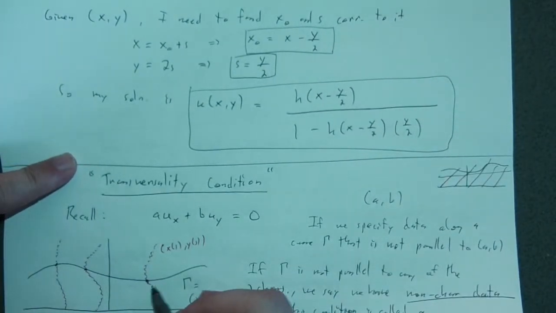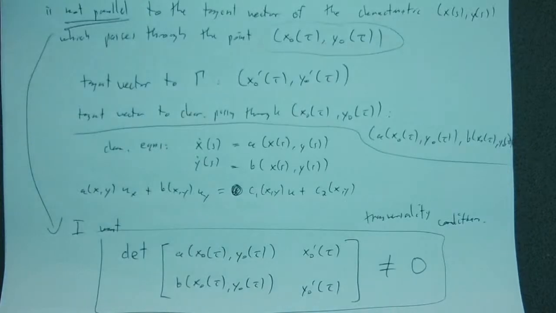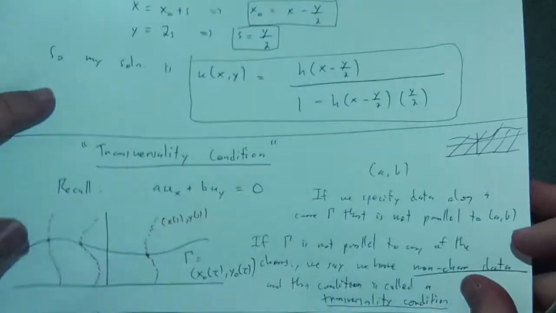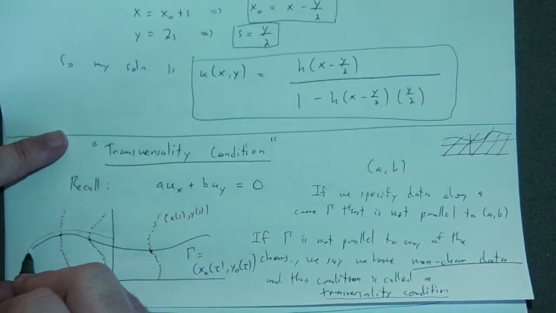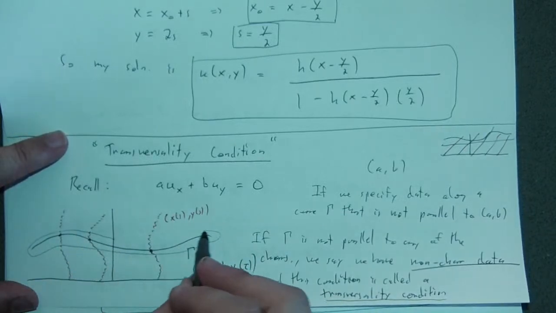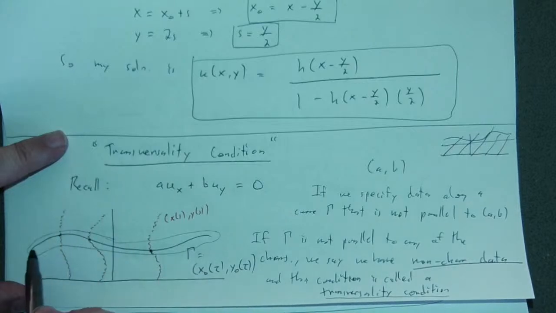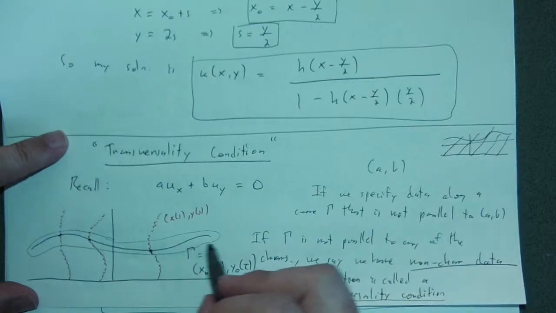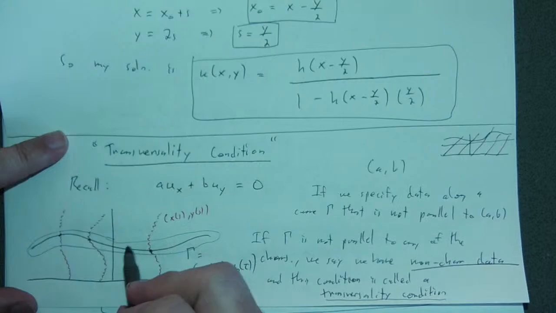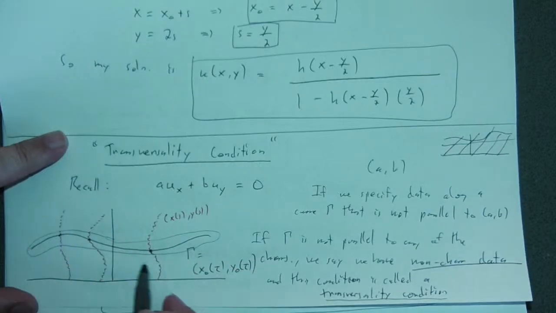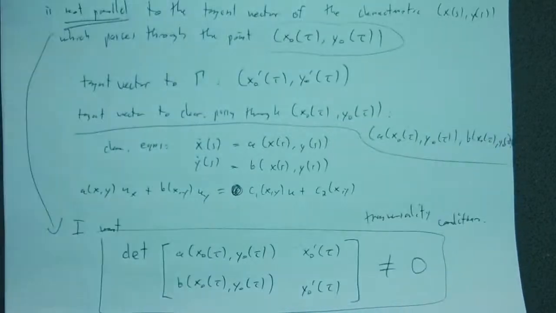But here the idea is that if we're careful with how the data is specified, in a lot of cases, if we're lucky, we can get a sort of local existence of solution, and local meaning in a neighborhood of this curve. Of course, I'm not implying that the curve ends here, this would go on forever, in some region of the plane that contains the curve.